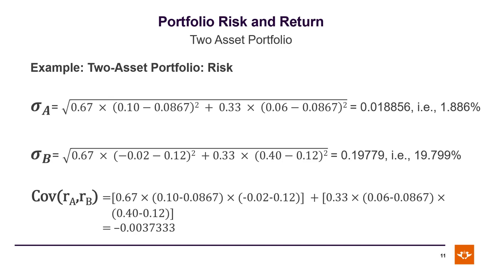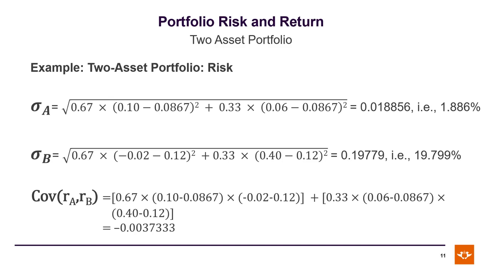Now we're going to calculate the covariance, and the formula looks at no longer the squared difference, but the difference of each return from its mean for stock A and stock B multiplied by the relevant probability for expansion and for recession. And what you'll see is that there's a negative covariance between these two assets. And it's actually quite obvious if you look at the returns from the information we were given in the table.